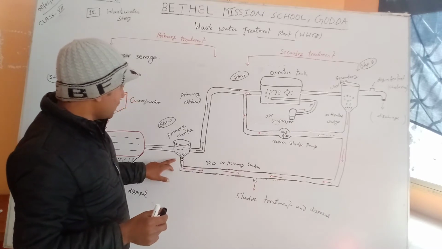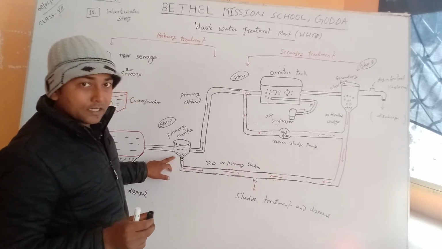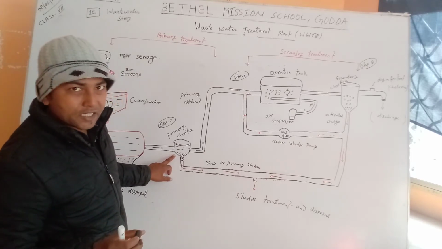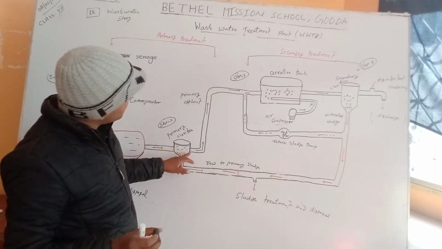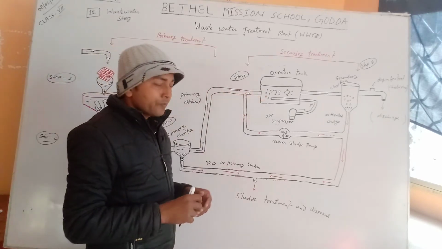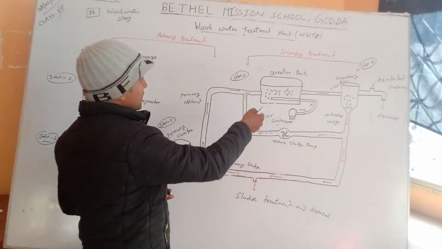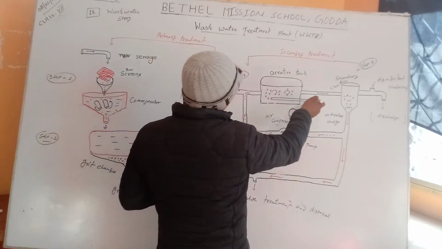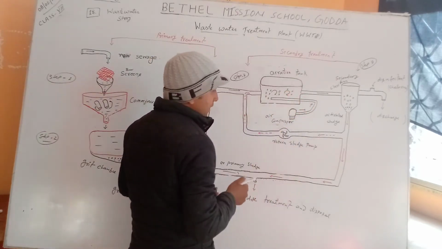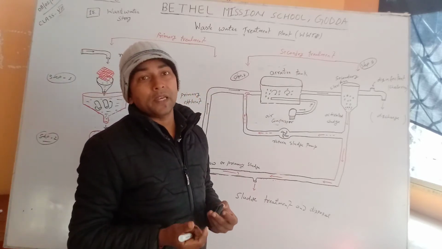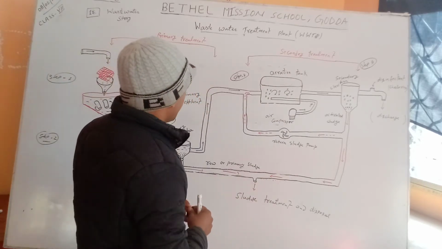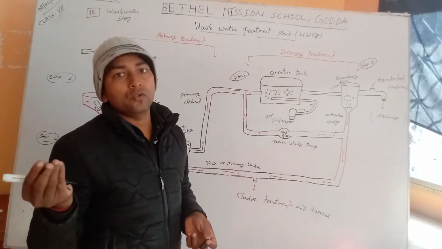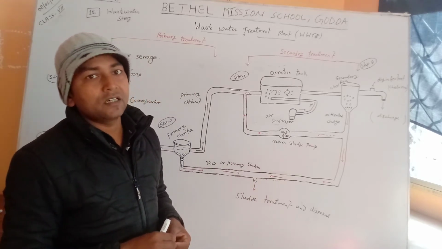Here the biodegradable sludge is decomposed by the aerobic bacteria, and then it goes to step 4. At step 4 we give air through the air compressor, and due to giving the air, aerobic bacteria act with the help of oxygen, and it decomposes the human feces and some animal waste like dung.